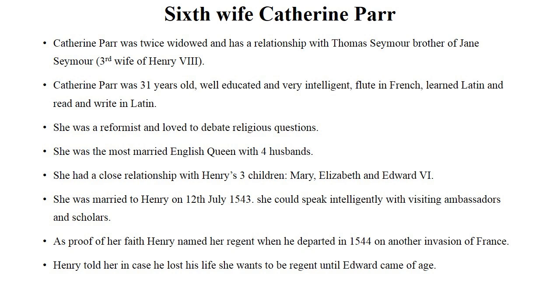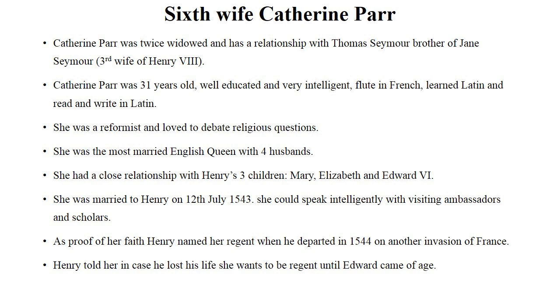She had a close relationship with Henry's 3 children, that is Mary, Elizabeth and Edward VI. She got married to Henry on 12th July 1543. She could speak intelligently with visiting ambassadors and scholars in her palace in England.